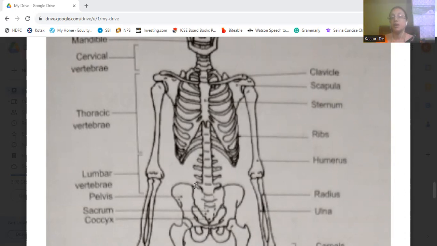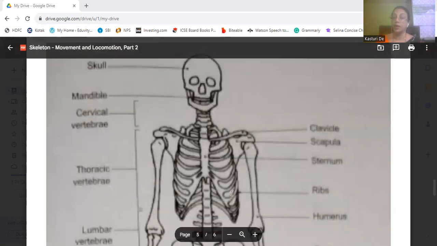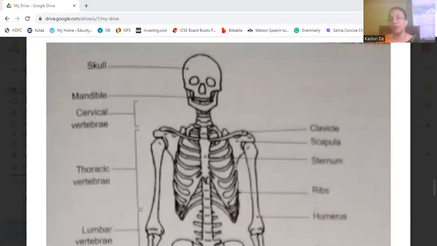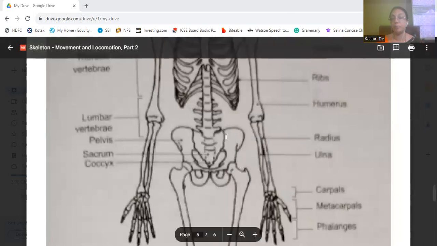Then comes the girdle region. So we have 2 girdles: one is the pelvic girdle, another is the shoulder girdle. The shoulder girdle consists of the scapula and clavicle, and the pelvic girdle consists of the pelvis region.